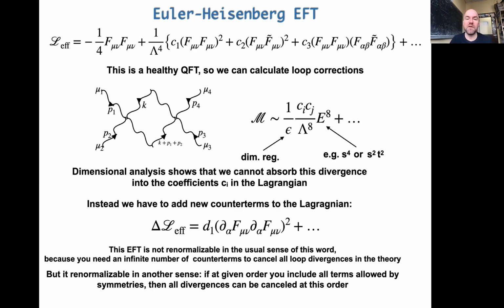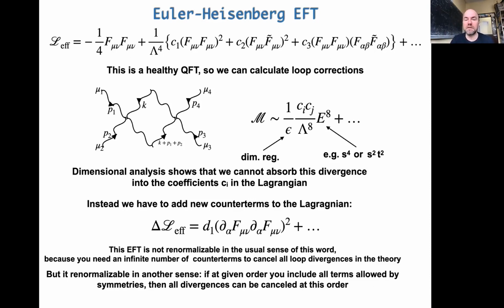So this means that this theory is not renormalizable in the usual sense, because if you truncate the Lagrangian at a given order, there will always be divergences. You cannot cancel all divergences of a theory with a finite number of coefficients in the Lagrangian. You always have to add more and more operators to provide counter terms to cancel the divergences.